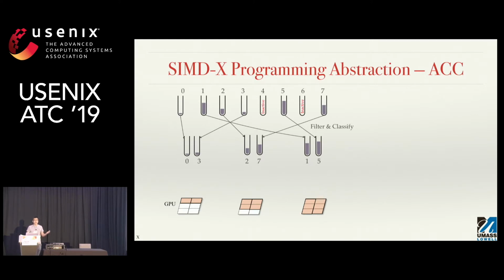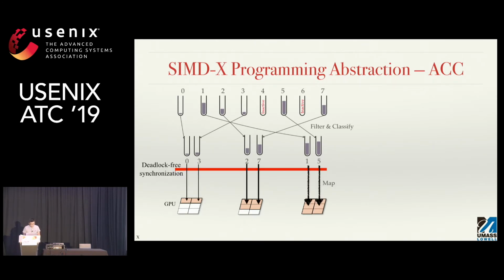Like 0 to 3 is a group with very small workload, while 1 and 5 have a lot. And then you do synchronization, and then you map them onto different numbers of cores. If you have a lot of workload, you use a lot of cores, right? If you have very little, then you use very few cores. So that gives you an impression: no matter whether you are from a giant frontier or a small active vertex set, it's easily similar because we make sure everybody takes care of a similar amount of workload.